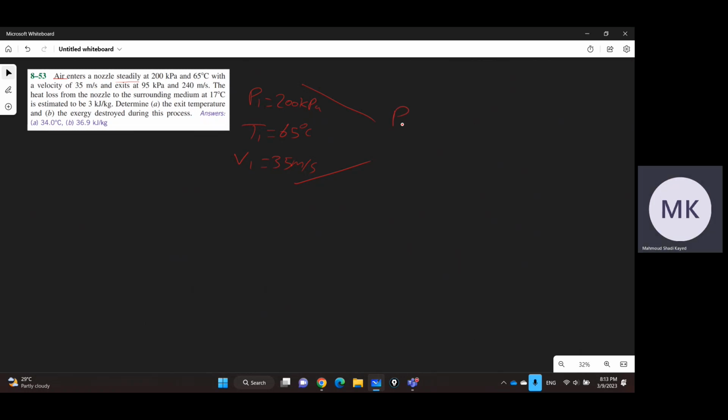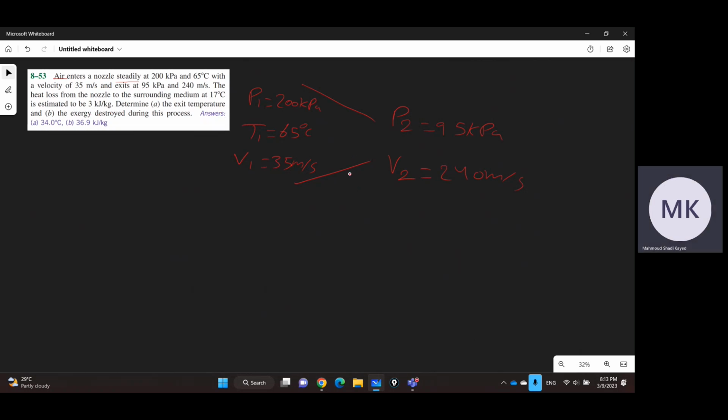The exit pressure is 3295 kilopascal, and as you can see here, the velocity is 240 meters per second. So the nozzle increases the velocity and reduces the pressure. The pressure energy is converted to kinetic energy.